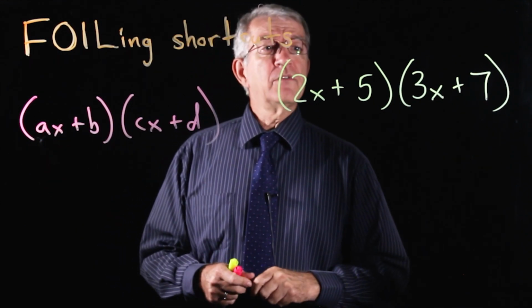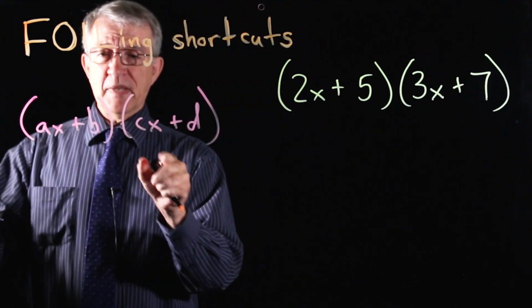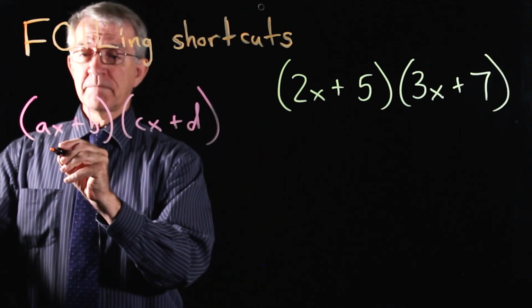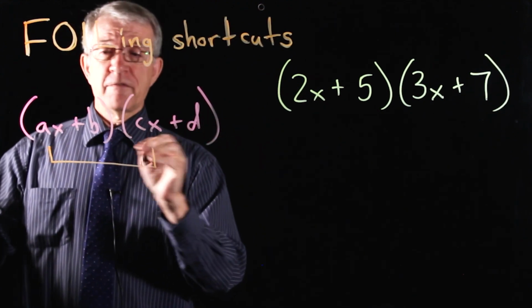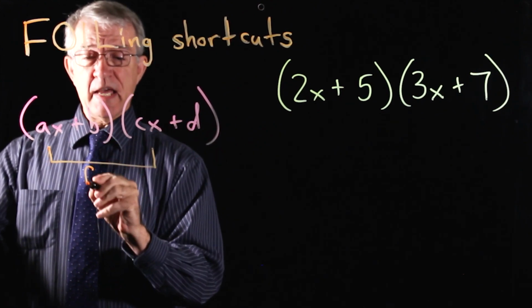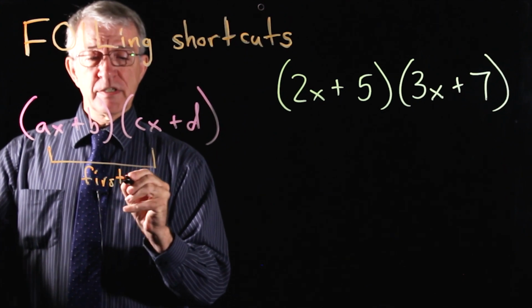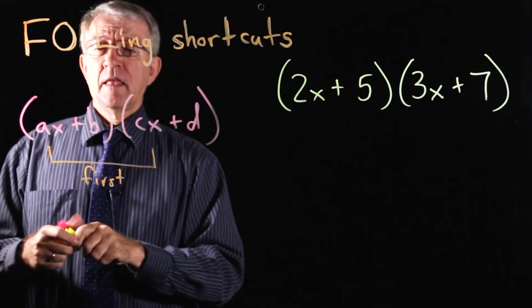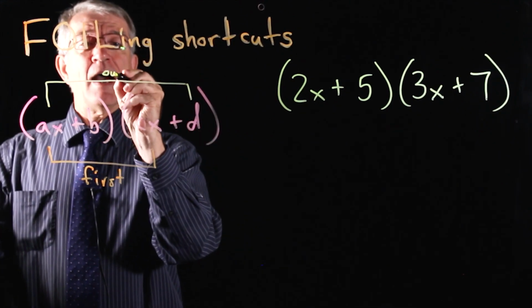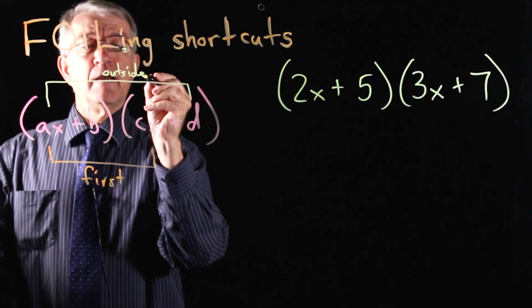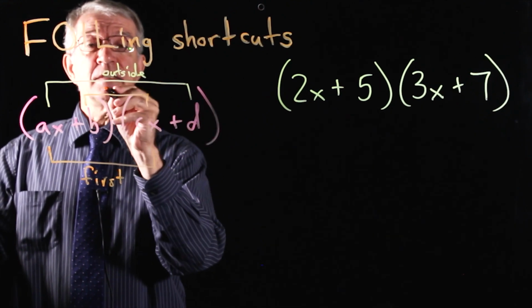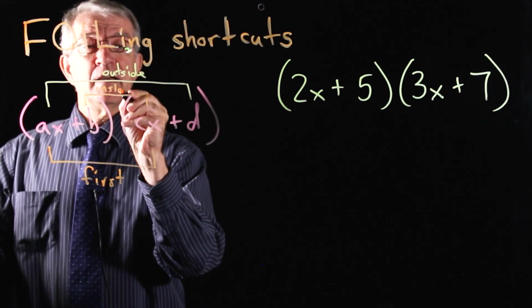And the idea of FOIL, the reason it's called FOIL, is when we multiply these, we know we have to use the distributive property, and we actually use it 4 different times. The first time is with the first terms in these little polynomials. So my AX times my CX is my first, and my AX times my D is the outside, and the BX times B, times the CX is my inside.